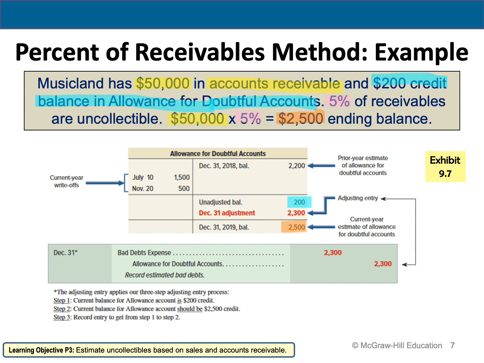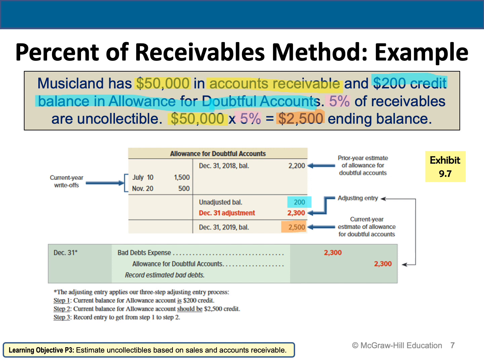So I have 200, and at the end of the year I need 2,500. It means that there was some adjustment. How am I going to calculate the adjustment? I'm going to say 2,500 minus 200. It means that I have an adjustment on the 31st of December of 2,300.